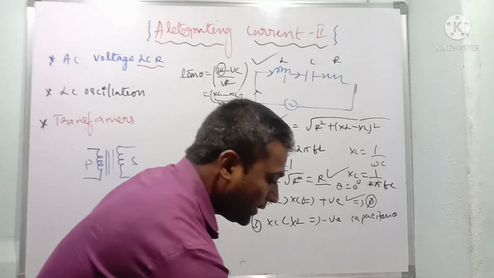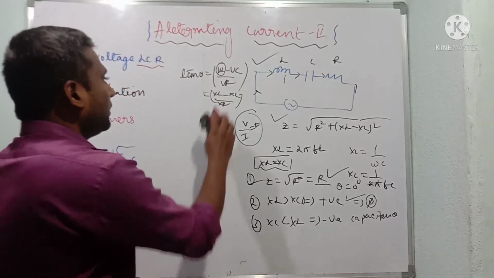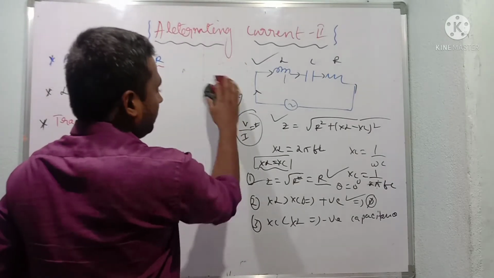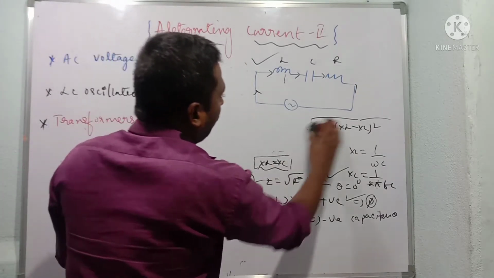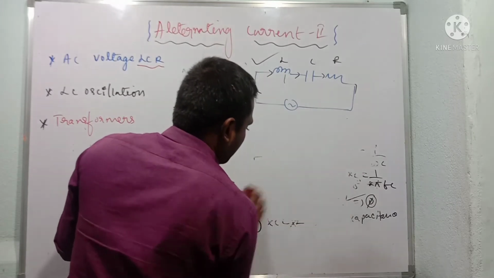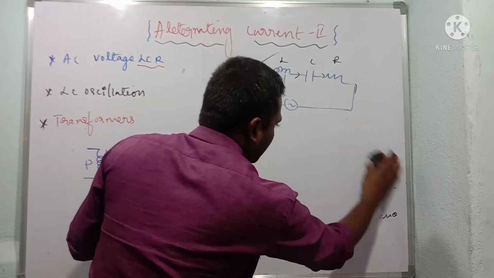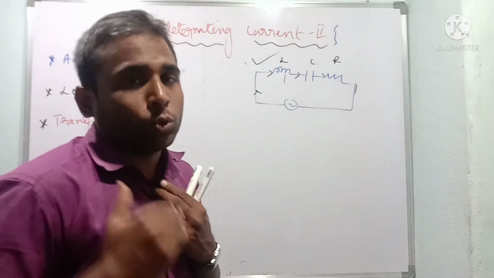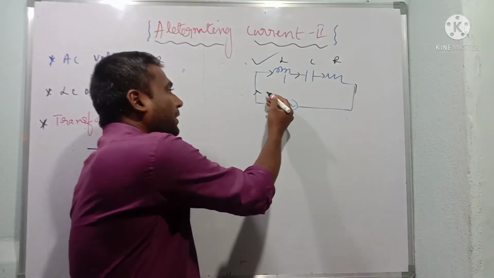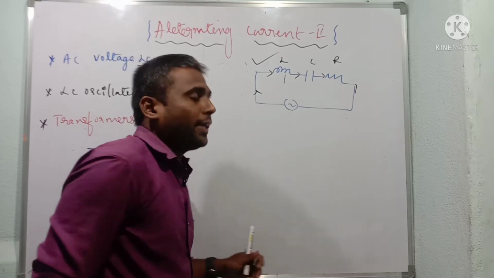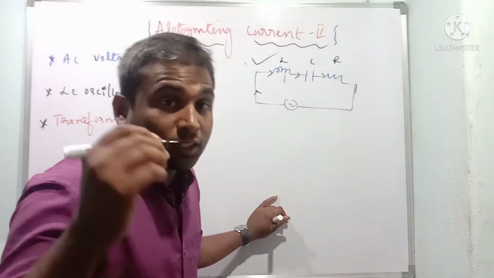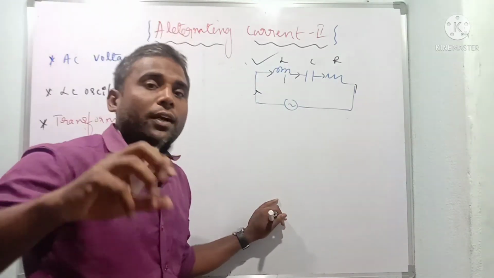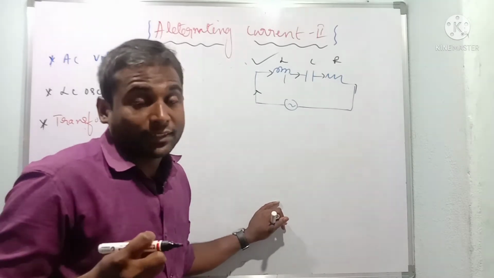After understanding this, let us go to the Q factor. So what is the Q factor? Let us understand very fast. Dear students, before that we should know the term resonant circuit. After providing a potential difference, what happens?